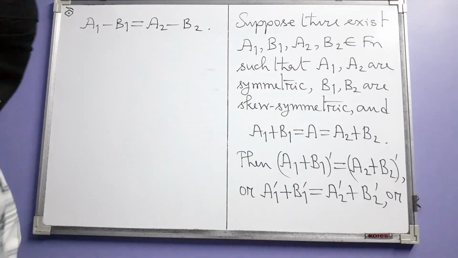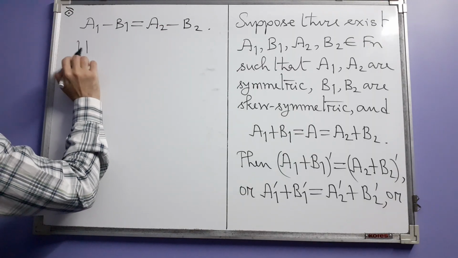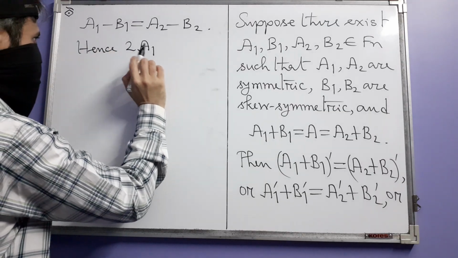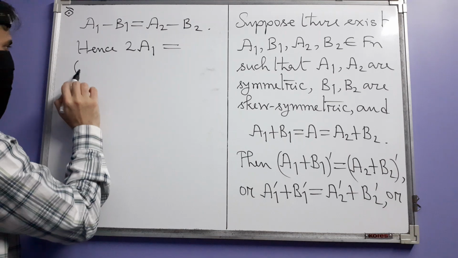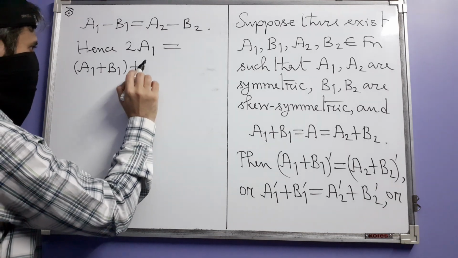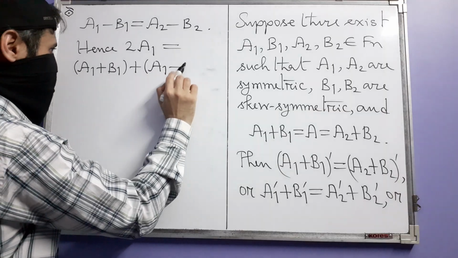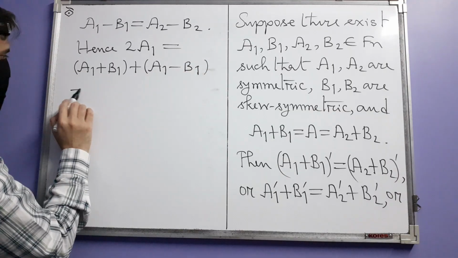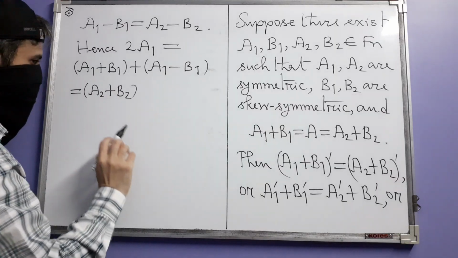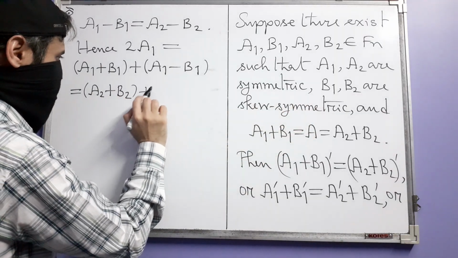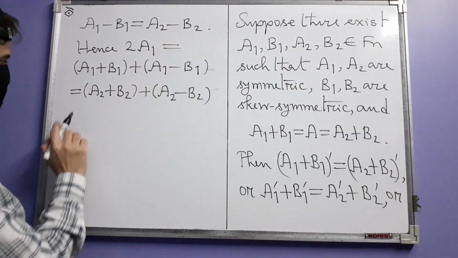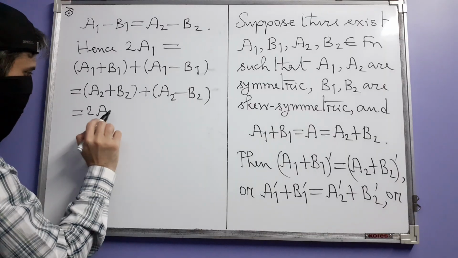Now if we add these two equations, what do we get? We get 2A1, which is A1 plus B1 plus A1 minus B1, is equal to A2 plus B2 from that equation plus A2 minus B2 from this equation, and this is 2A2.